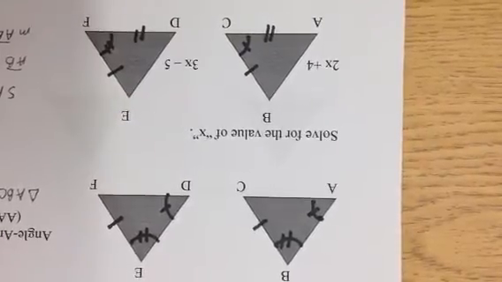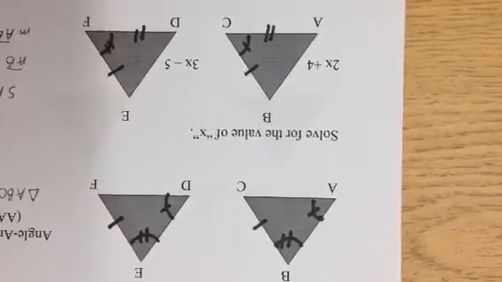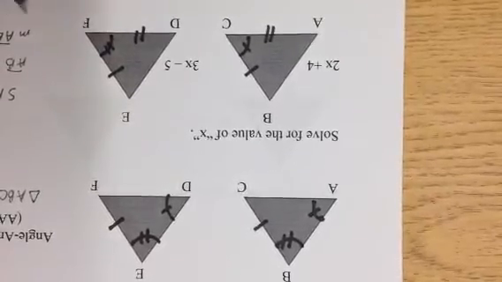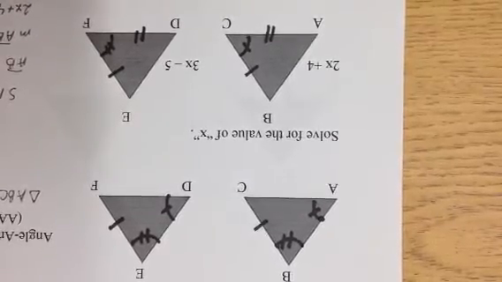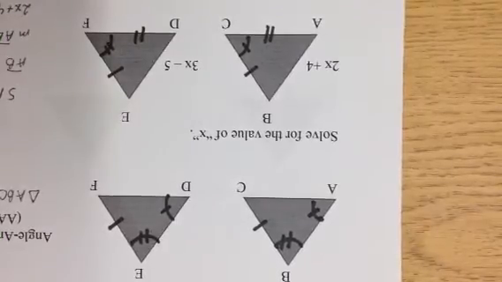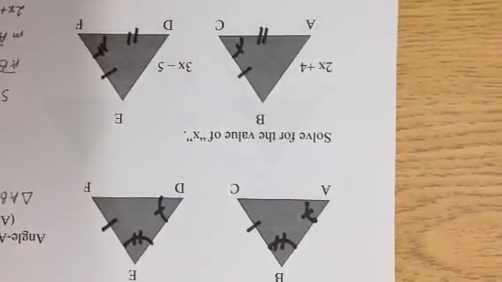So we have shown that the triangles are congruent, the sides are congruent, and that means their measures are going to be the same. So my measure of AB is 2x plus 4. My measure of DE is 3x minus 5. And now all we have left to do is to solve for x, which is what they asked us to do.